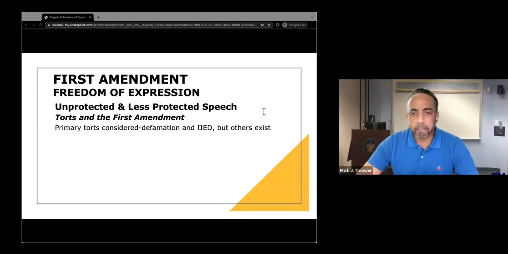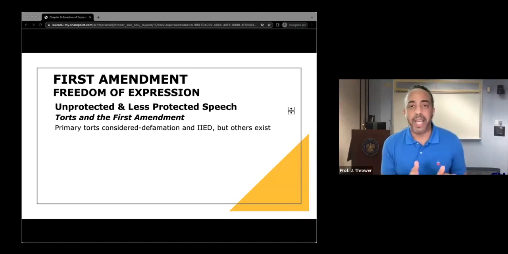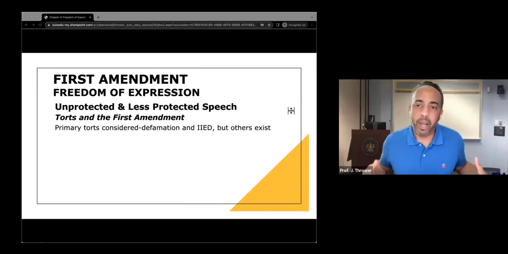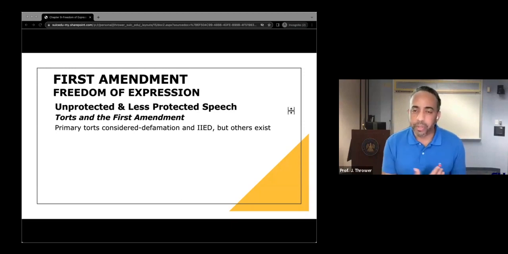The concern surrounding allowing tort suits for injurious words or speech is that it may have a chilling effect on speech, right? That is the ultimate concern, because if you have these regulations that allow civil suits for words or speech that may injure a person's reputation or cause a person to feel a certain way, then it evokes this fear of having to pay civil damages in a civil suit.